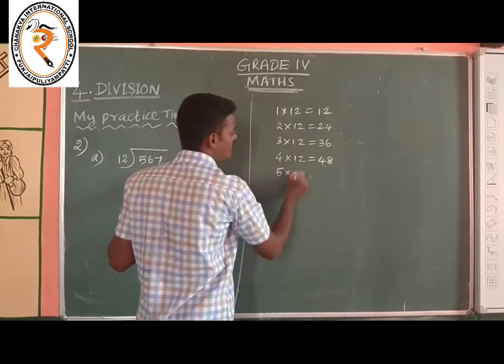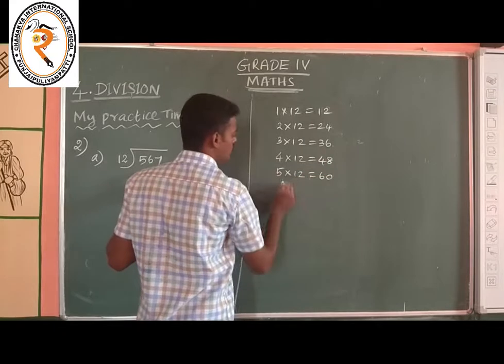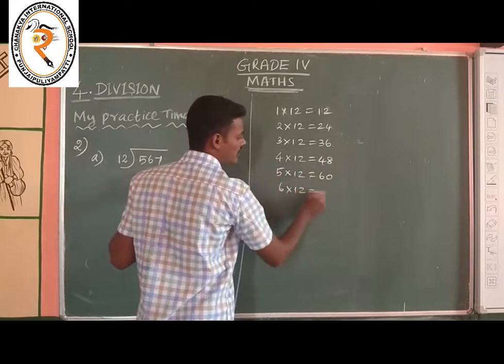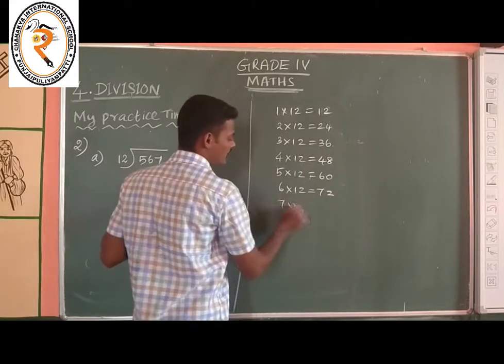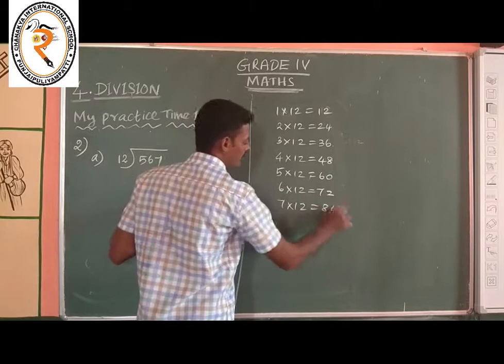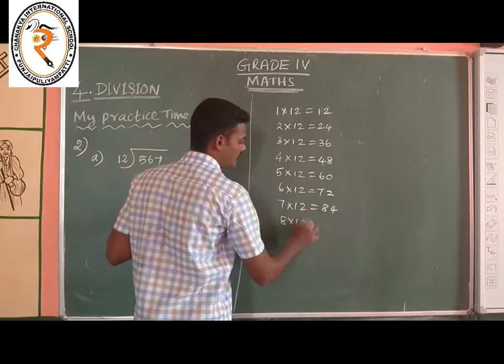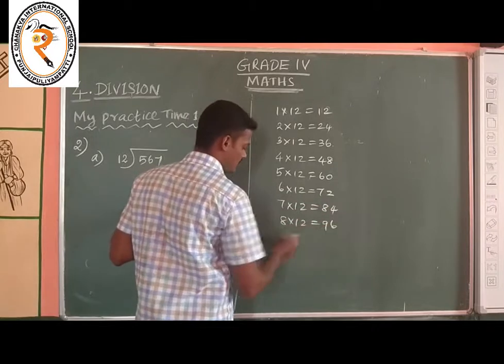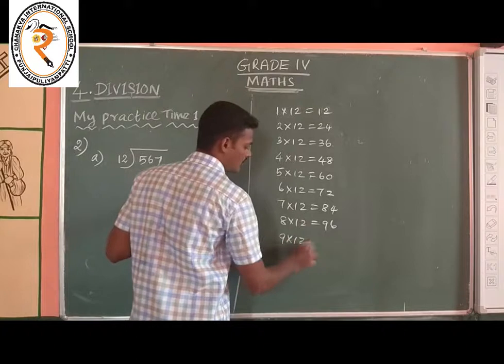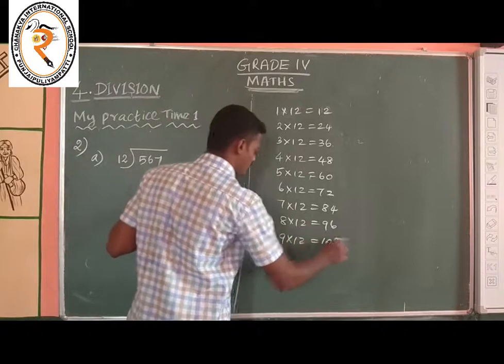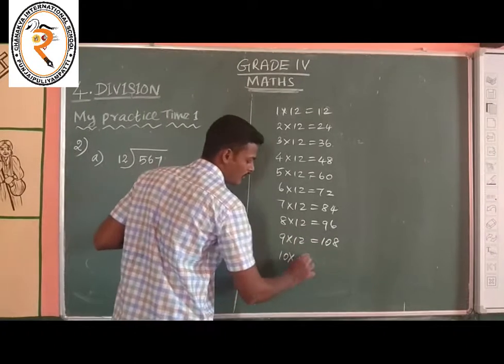And 5 12s are 60. 6 12s are 72, 7 12s are 84, 8 12s are 96, 9 12s are 108, 10 12s are 120.